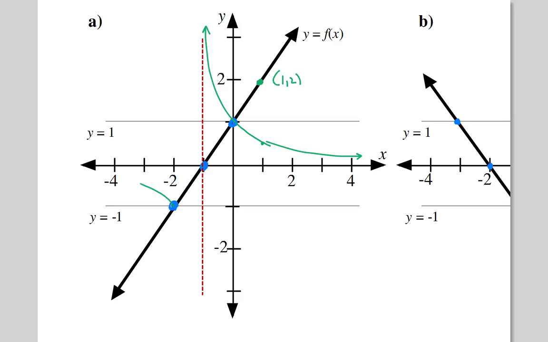So we go like this. And same idea for this little region in here. Okay, as you get closer and closer to 0, the reciprocal will get closer and closer to infinity.